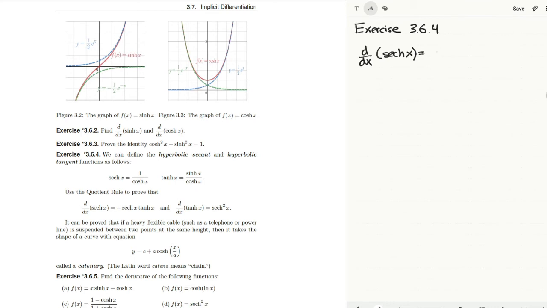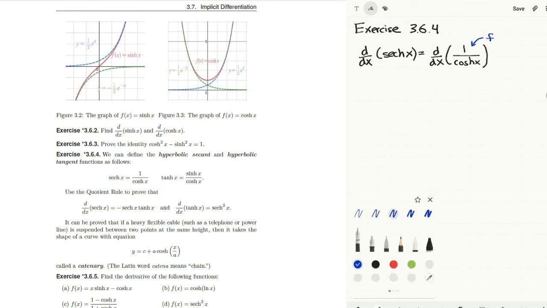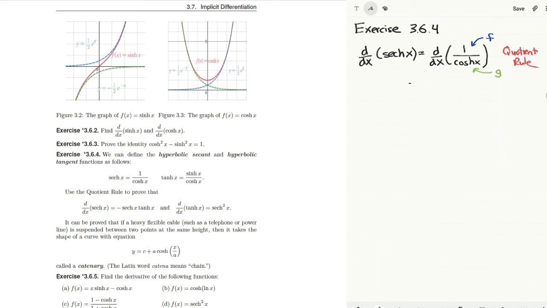So by definition, secant is 1 over cosh, and here we'll use the quotient rule to find the derivative of 1 over cosh. So that's f prime times g.